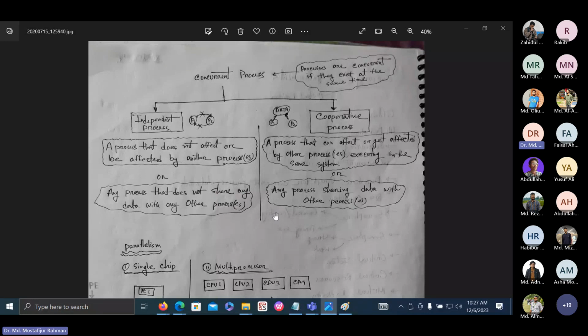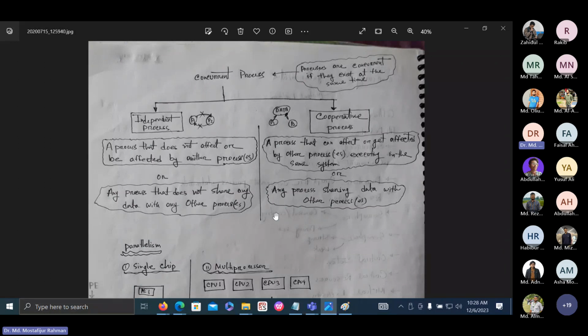Or another way we can give a definition: any process that does not share any data with any other processes. It does not share or need to share any data. That means it doesn't take from others and doesn't give to others. This is called an independent process.